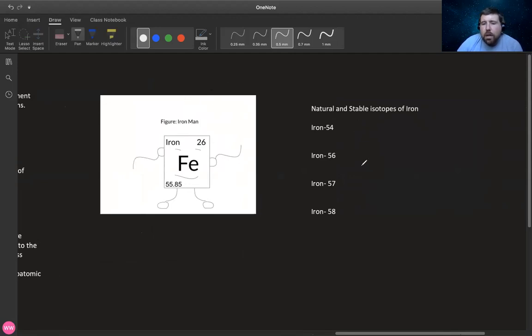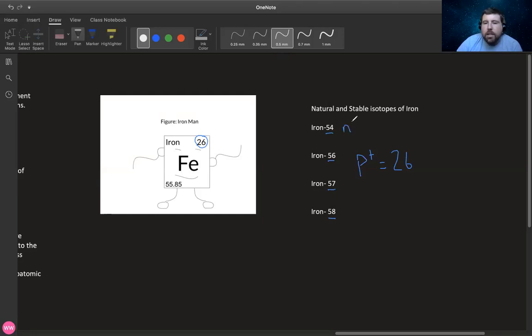Each one of these has 26 protons, and the reason I know that is because iron's atomic number is 26. But the number of neutrons is going to change based on the mass number. All we have to do to determine the neutrons for each of these is subtract 26 from the mass number.